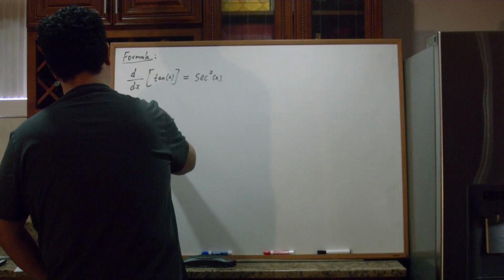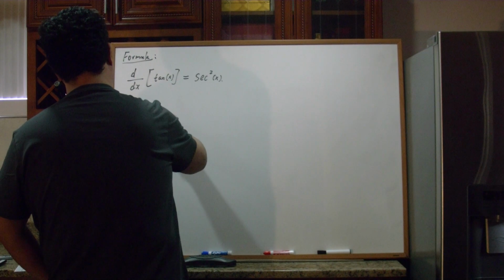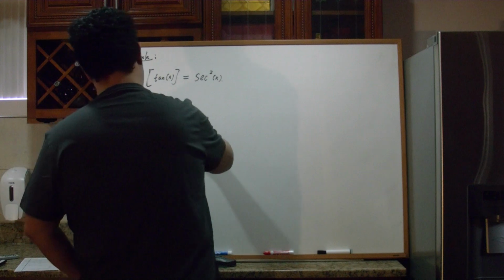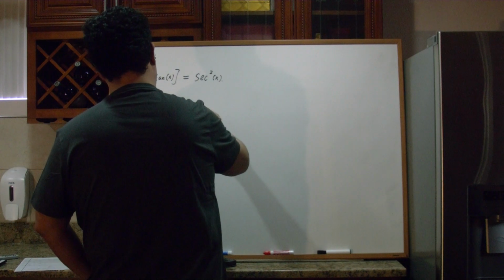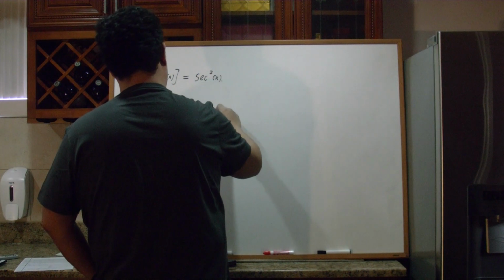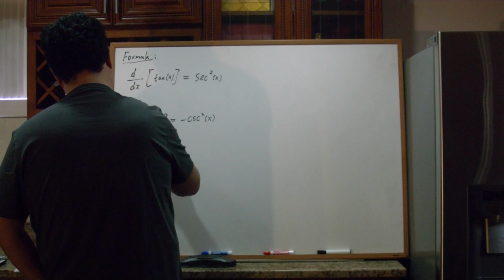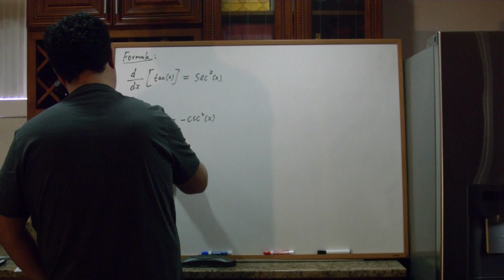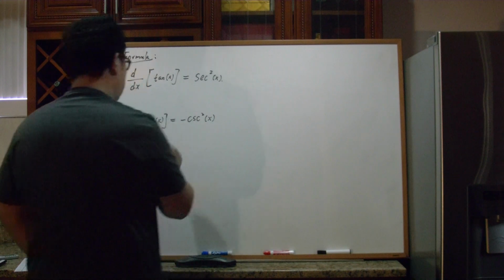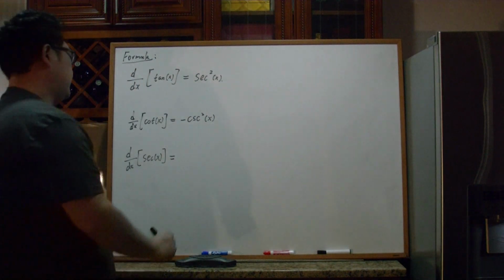And d dx of cotangent x is negative cosecant squared. And the derivative of secant of x is secant tangent.